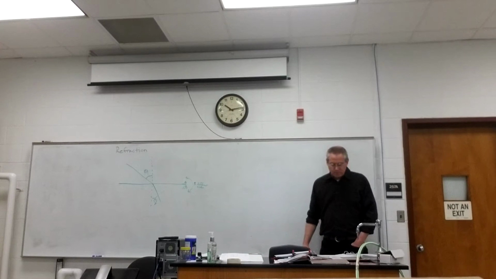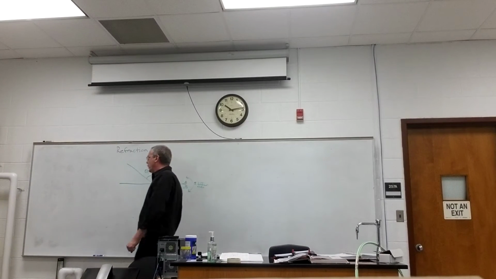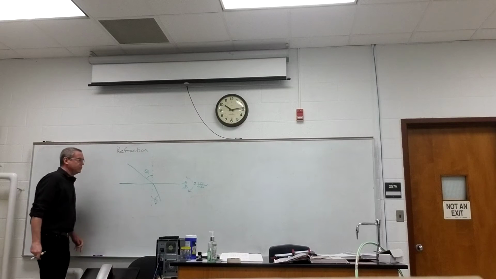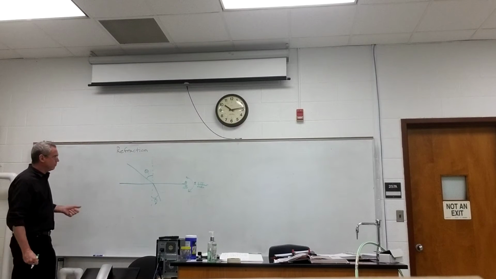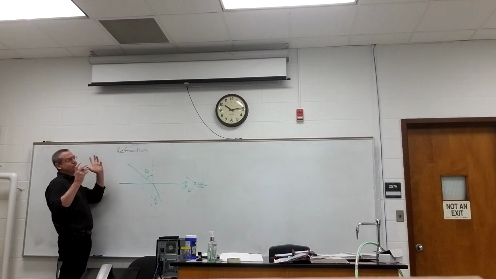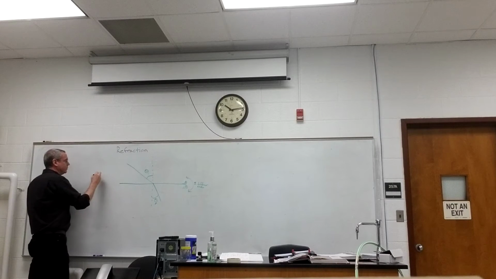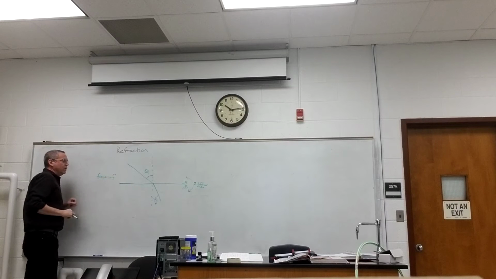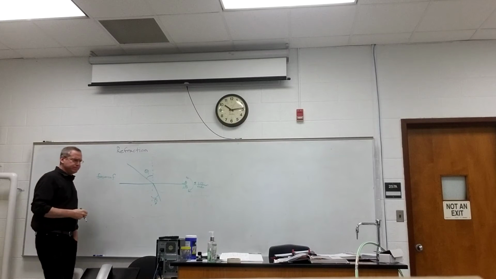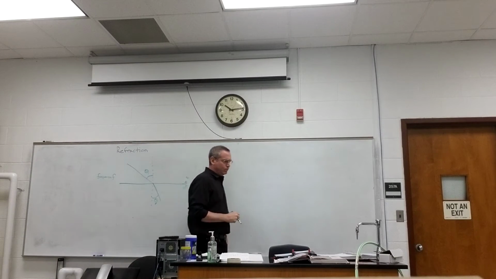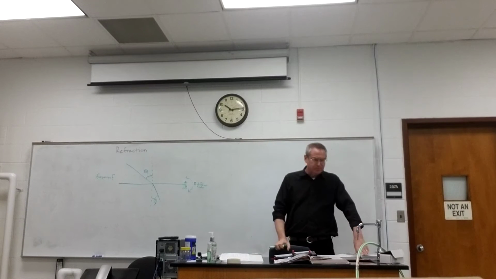We've established that light travels in waves, so this can be described by the wave property of light. It's coming in with a certain frequency. So think about what is frequency? Cycles per second.